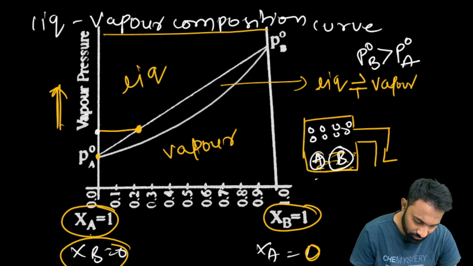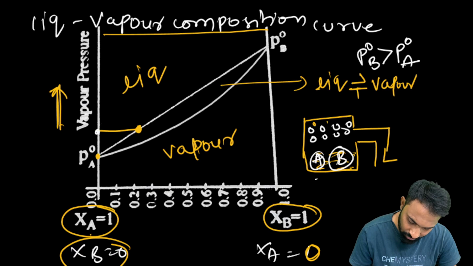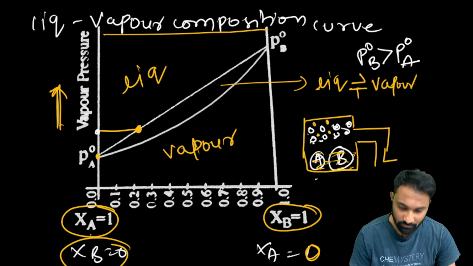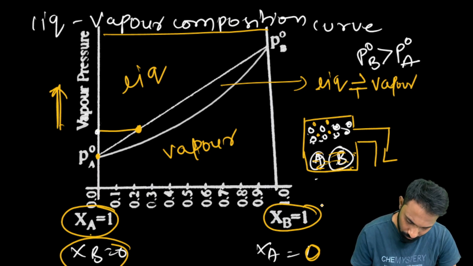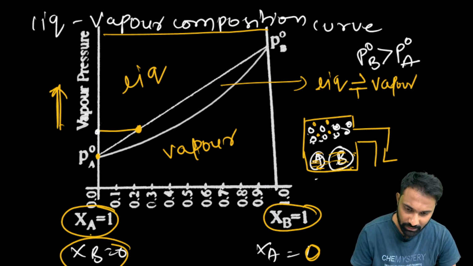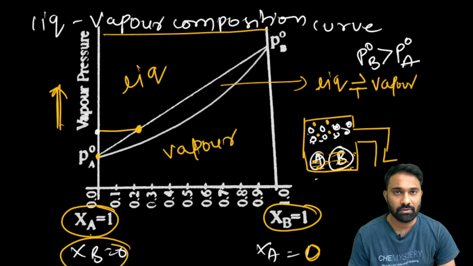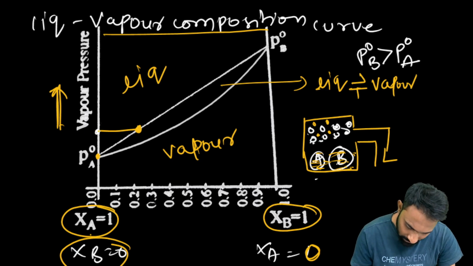When it has converted into the gaseous phase, A components will be less, but B vapors will be more. You can see B vapors will be more. In the gaseous phase, A vapors are less. Right? Why? Vapor pressure of B is more. Means when this component A and B have converted into vapor, B vapors are more, A vapors are somewhat less.